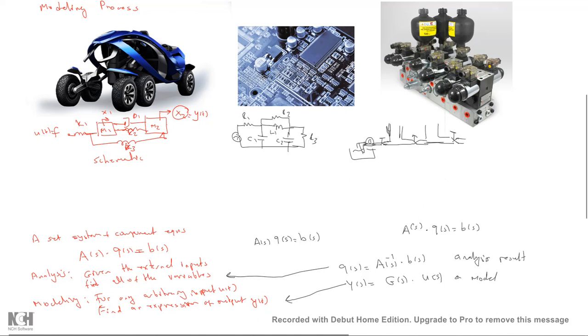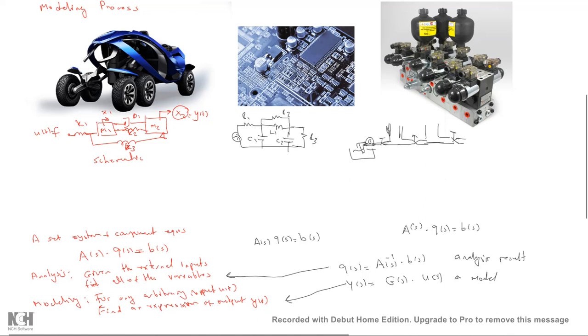Now, when we look at the techniques that we use for analysis and modeling, we see that we need to get a matrix inversion, A inverse, in order for us to solve such a problem. So to be smart about it, we try to make this solution as feasible as possible.